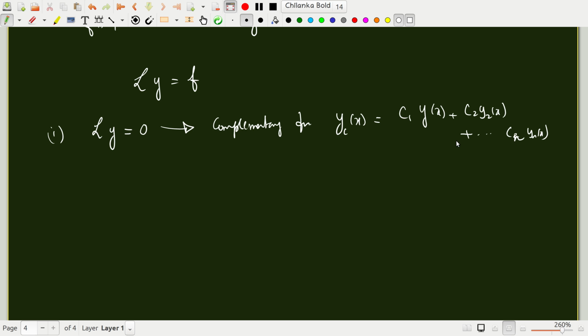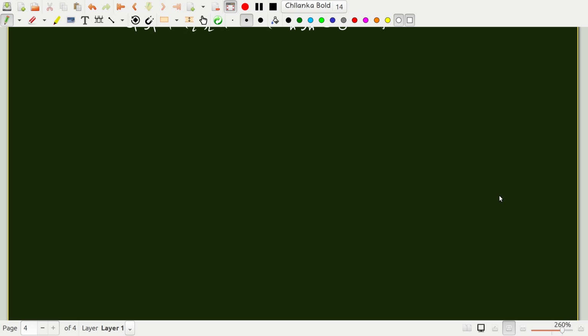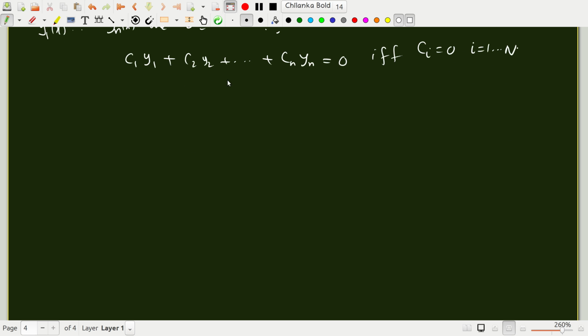Usually these y1 to yn are linearly independent solutions. How do we know this? It means that if I multiply y1 to yn by constants c_n, the sum is 0 if and only if all the c_n's are zero. Suppose I have this equation, then I can differentiate it n minus 1 times.